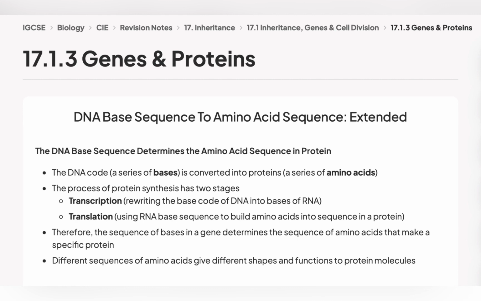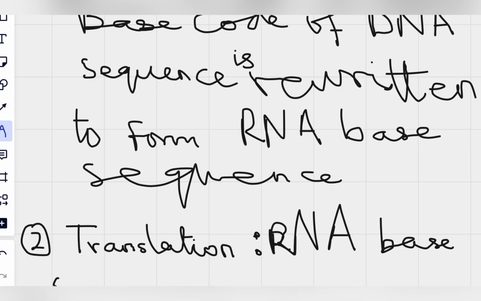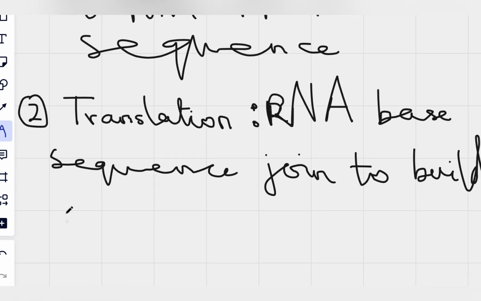We can use the word join. Join to build a series or sequence of amino acids that will form the protein.